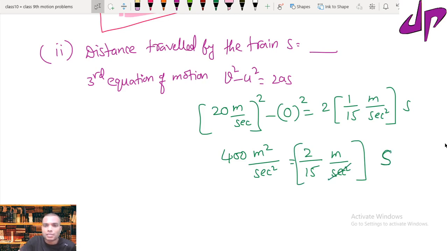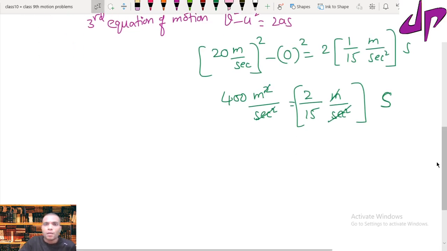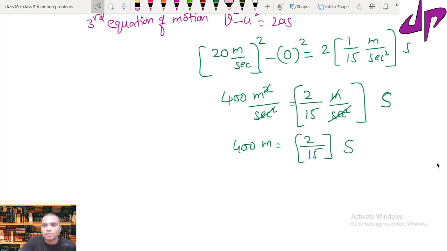First I can cut this second square, it's easy. Then 1 meter gets cancelled from the numerator. If I rewrite, so 400 meter equal to 2 by 15 of s.